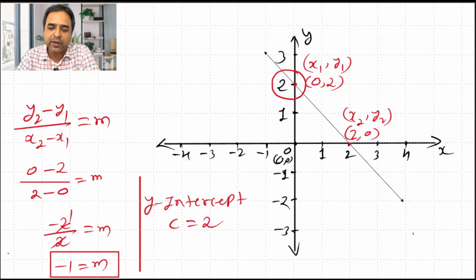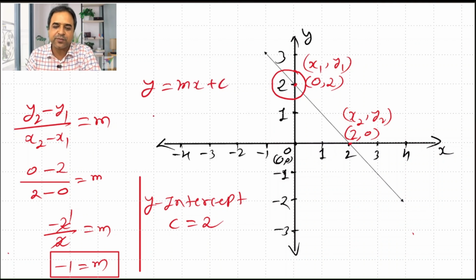If you want to write an equation for this, your equation would be y = mx + c. So if we substitute all these values, it will be y = -1x + 2, since m is -1 and c is 2.